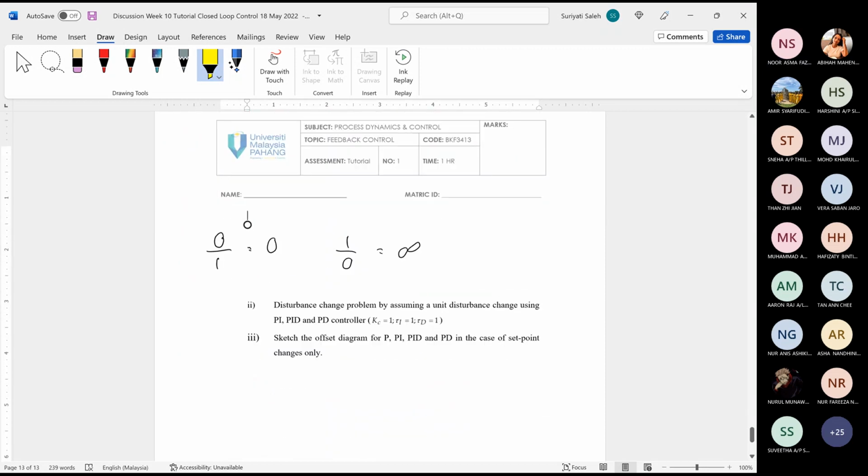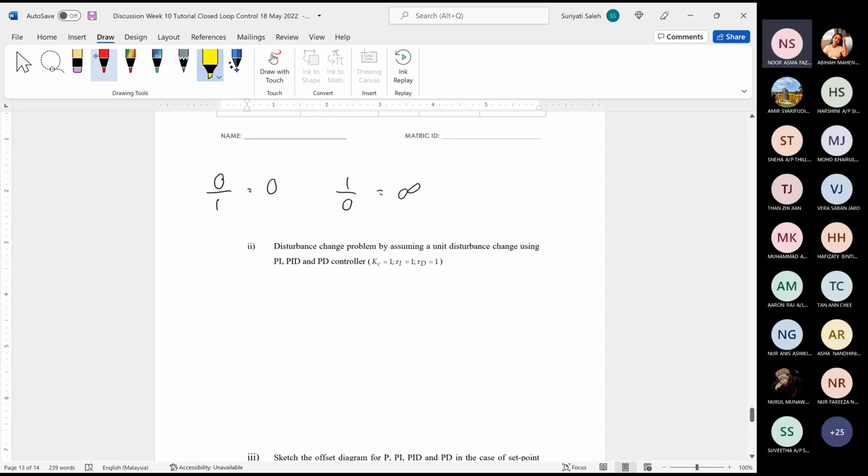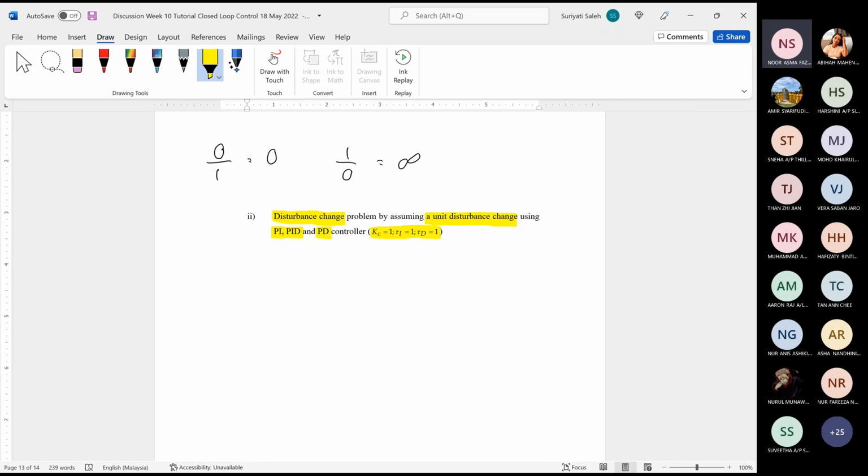Disturbance change. Alright. For this one, I also highlight it for the use of PI controller. This part requires the disturbance change, assuming a unit disturbance change, using PI, PID, PD. This is the controller parameter value where Kc equal to 1, tau I equal to 1, tau D equal to 1. So for this part, we just repeat the same thing, only in this case we highlight the disturbance change.